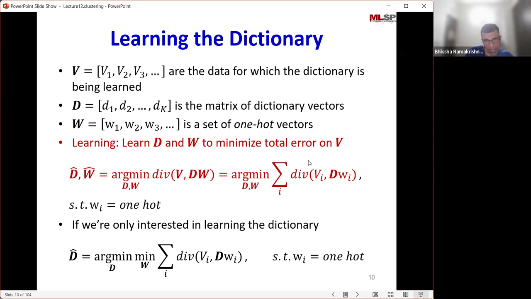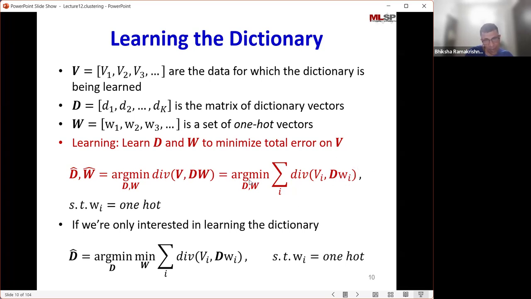So our optimization algorithm to learn the dictionary is given by this formula here. You're trying to minimize the divergence between V and DW. DW basically is approximating every data instance in V as a single dictionary entry. So this is minimizing the sum of the divergences between the individual faces and their approximations given by D times W_i, with the additional constraint that each of the W_i is one hot.